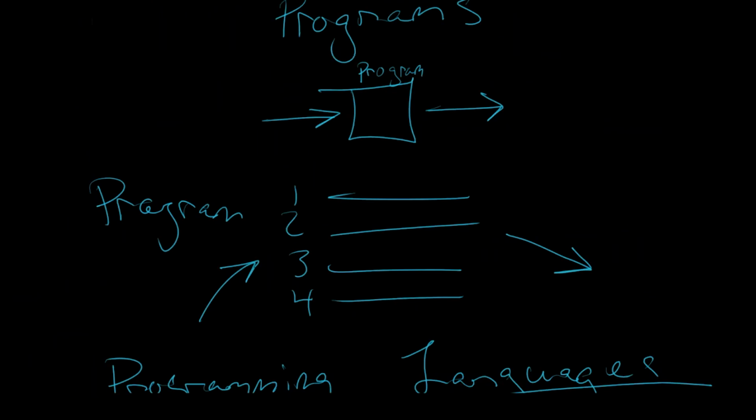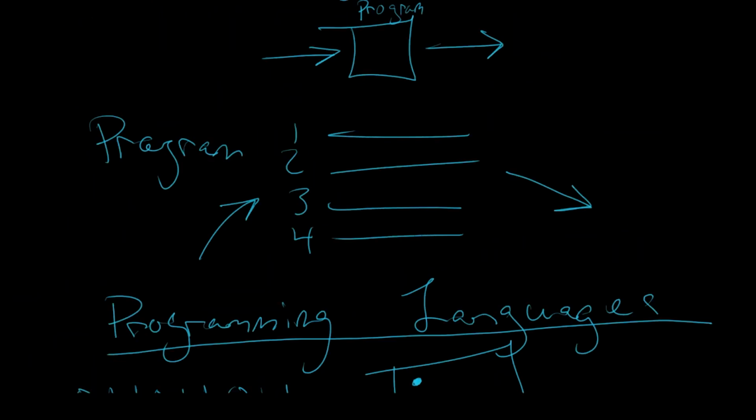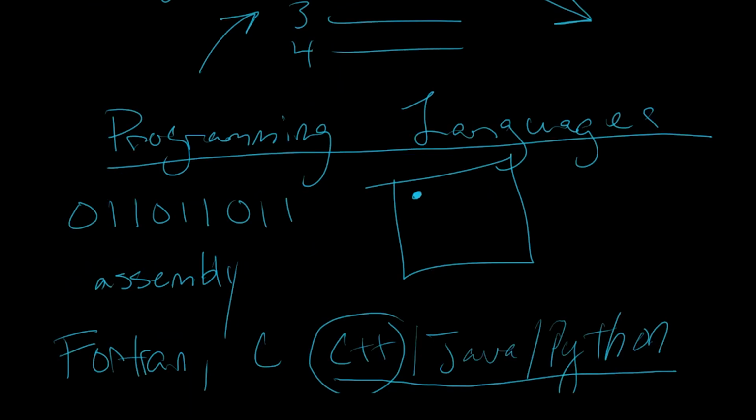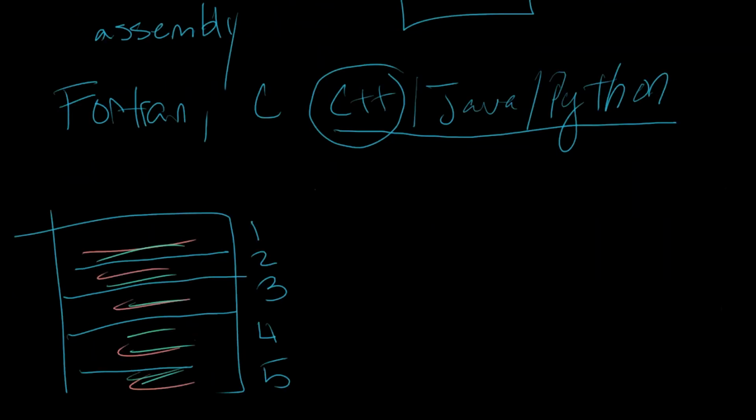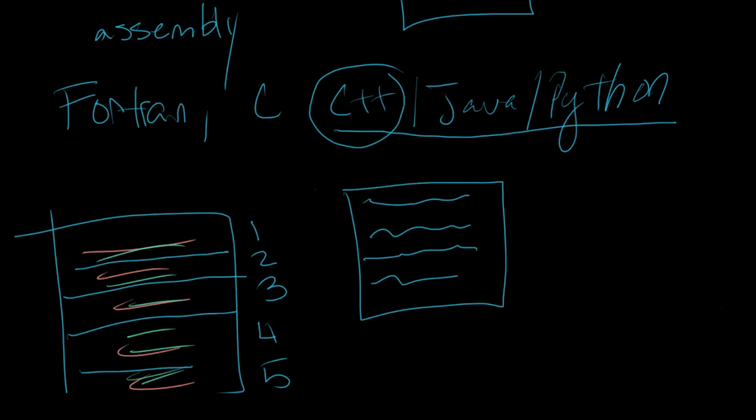A program, as we mentioned, is just a list of instructions that we write out using a programming language. Every programming language, except for binary, uses your native language, which in our case would be English. So we would write out our instructions using English in a text file, and then we would save that into memory.